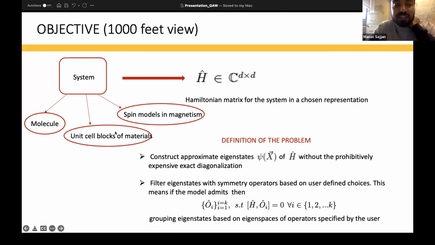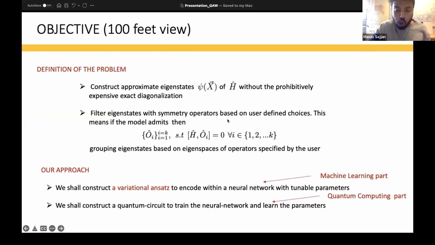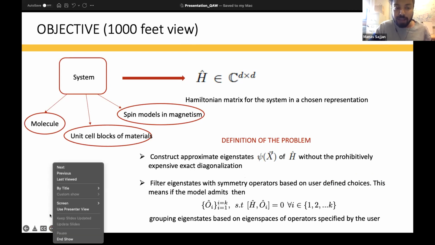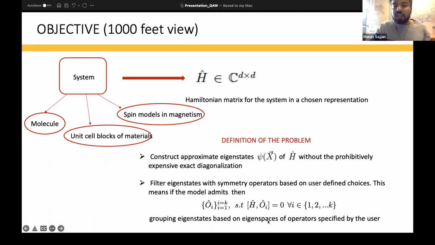So our objective here is pretty general and standard. We're given a system. The system can be any one of the following, and that system comes with a Hamiltonian, which is a D cross D matrix. We want to construct approximate eigenstates of that system, and we also want to filter these eigenstates based on symmetry operators O_i, which happen to commute with the Hamiltonian because these are symmetry operators.